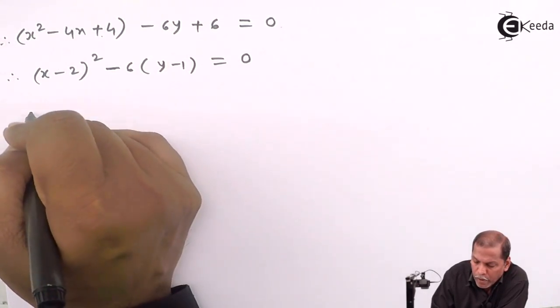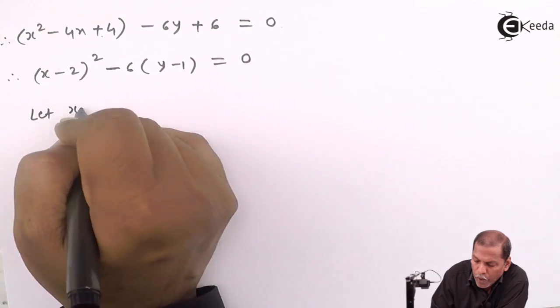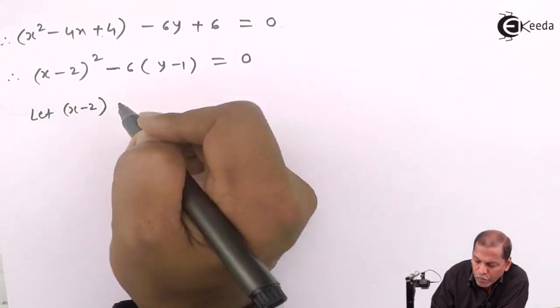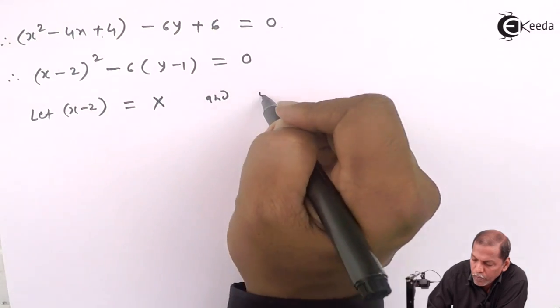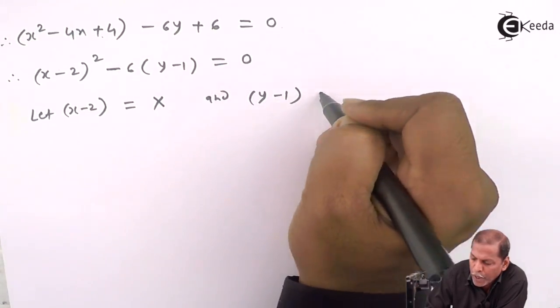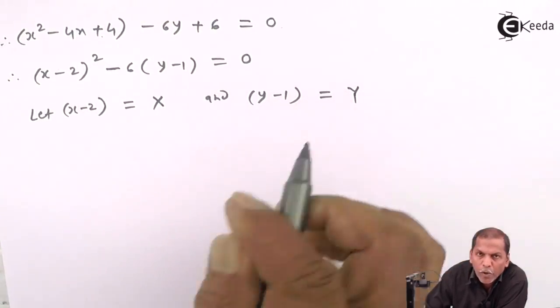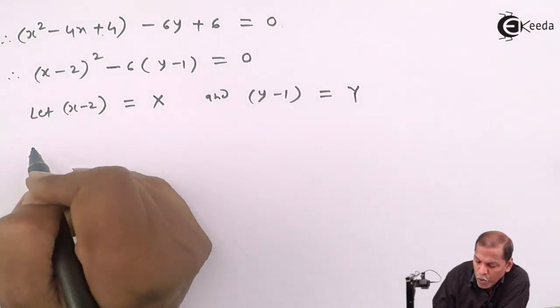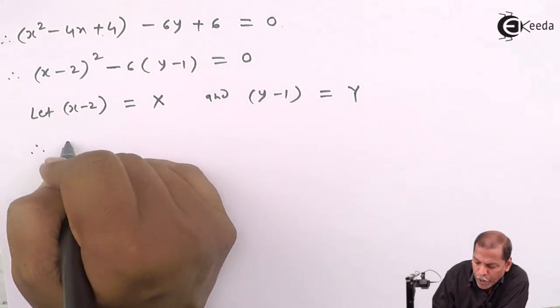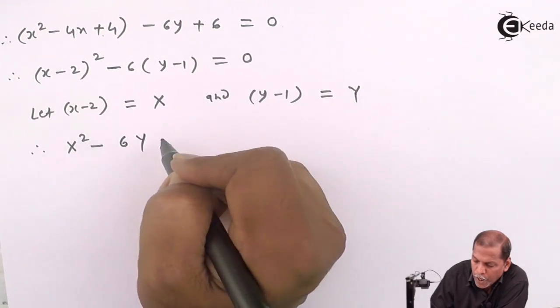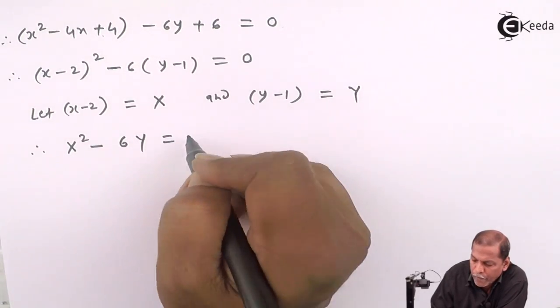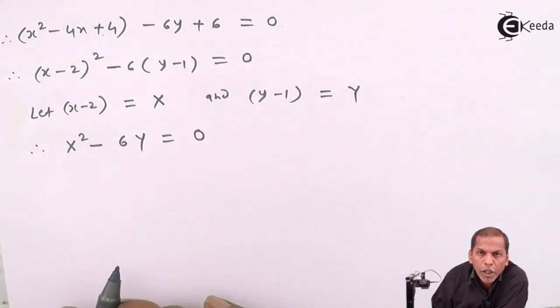Now we let x minus 2 is equal to capital X and y minus 1 is equal to capital Y. So therefore the above equation becomes capital X square minus 6 into capital Y is equal to 0.